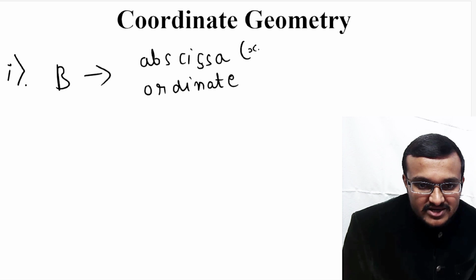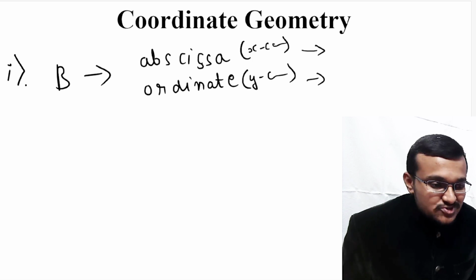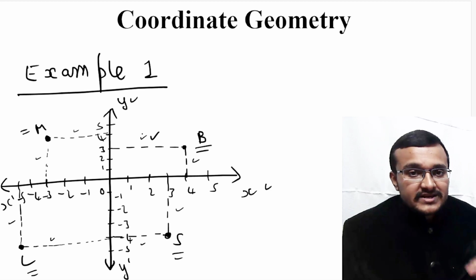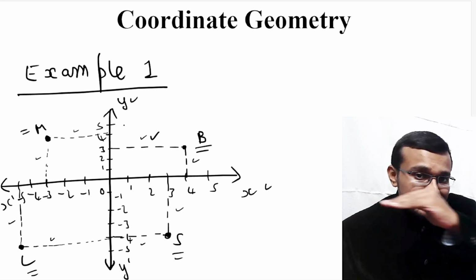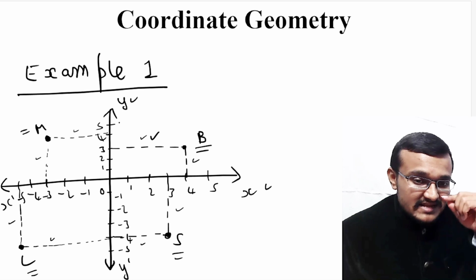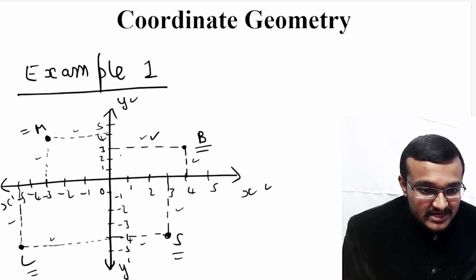Abscissa is nothing but the x coordinate, and ordinate is nothing but the y coordinate. Here you can see this acts as the x coordinate. The x coordinate is the perpendicular line drawn from the point to the y-axis, so it will be parallel to the x-axis.